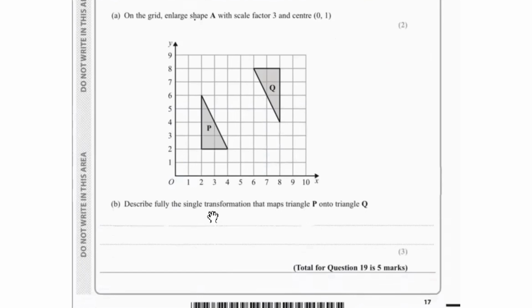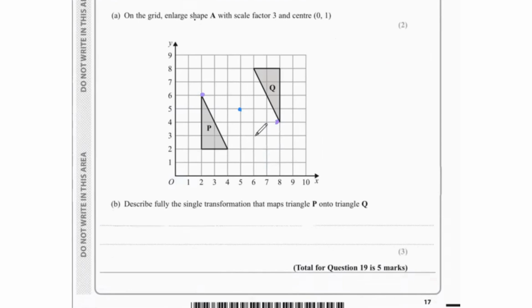Then describe fully the single transformation that maps triangle P onto triangle Q. So for the single transformation, what's happening is that your shape is being rotated 180 degrees about the center 5, 5. Why 5, 5? Because if you notice, if you pick this point, it is 3 units horizontally and 1 vertically. Same point over here is 3 units horizontally and 1 vertically.